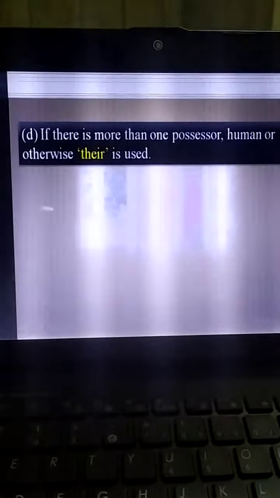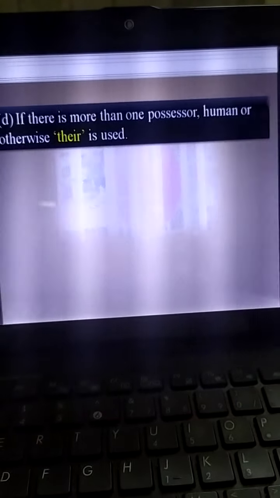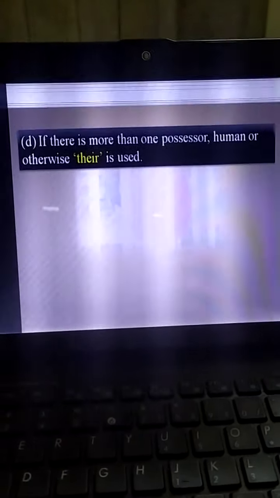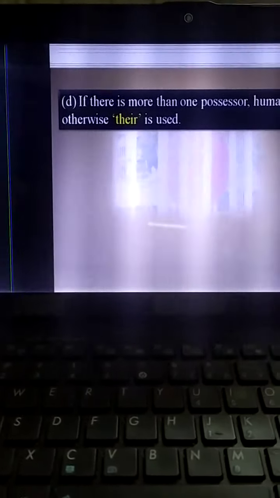Next, if there is more than one possessor, human or otherwise, that means humans or animals or things, their is used in the plural. In the plural, maybe human, maybe any person, maybe animal, maybe thing, no matter, there is only one adjective. Look at the example.